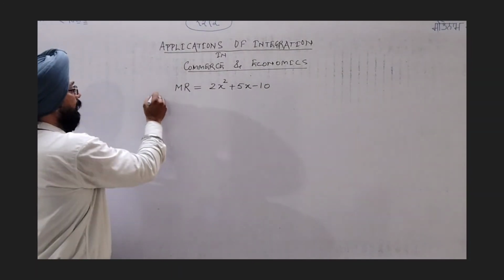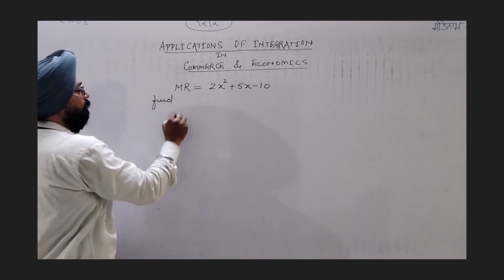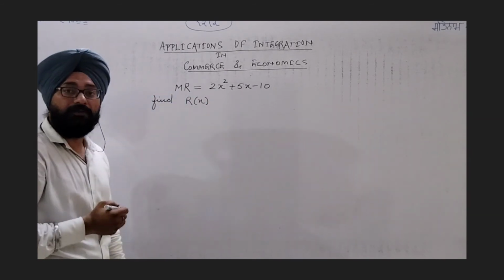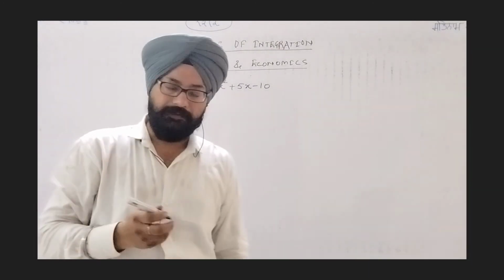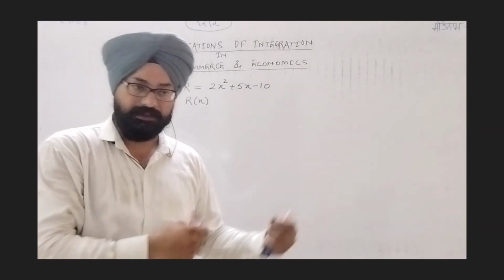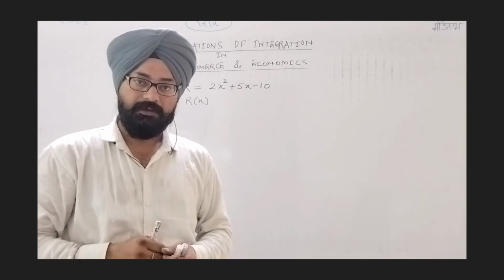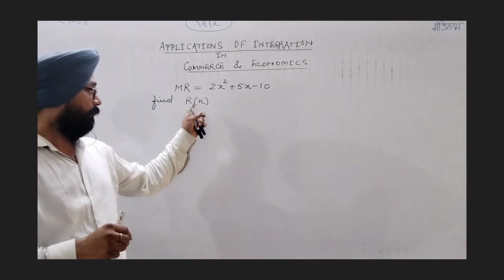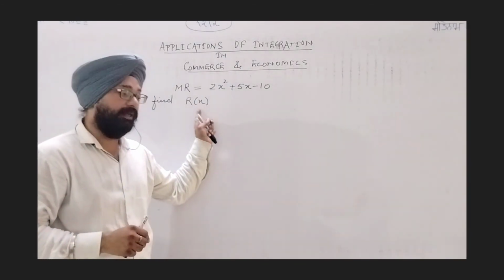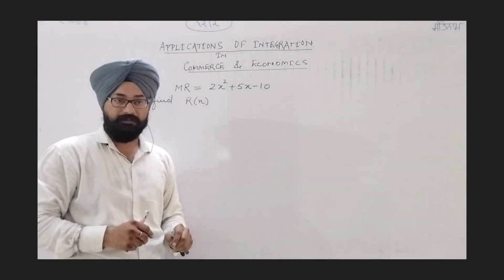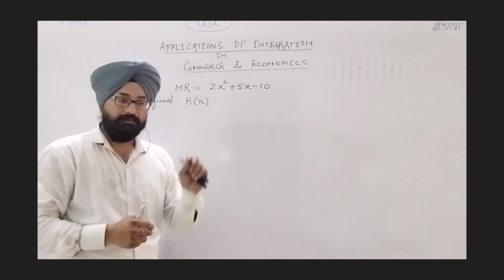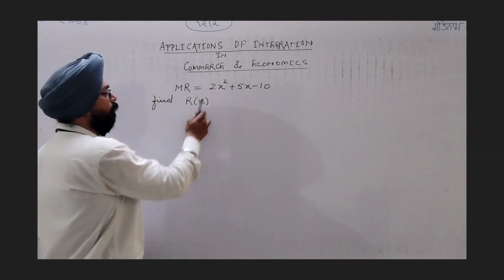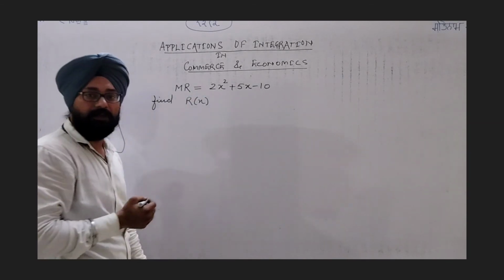And now I say find Rx. Rx means revenue. Do not forget the definition of revenue, because at the end of this question we require it. That will give an understanding actually. What was the definition? It's the earning by selling some particular number of units, right?